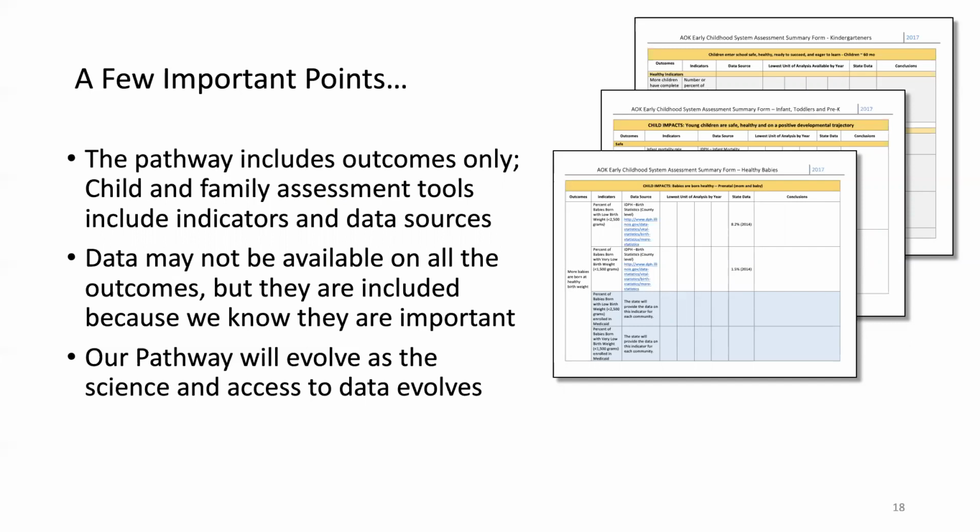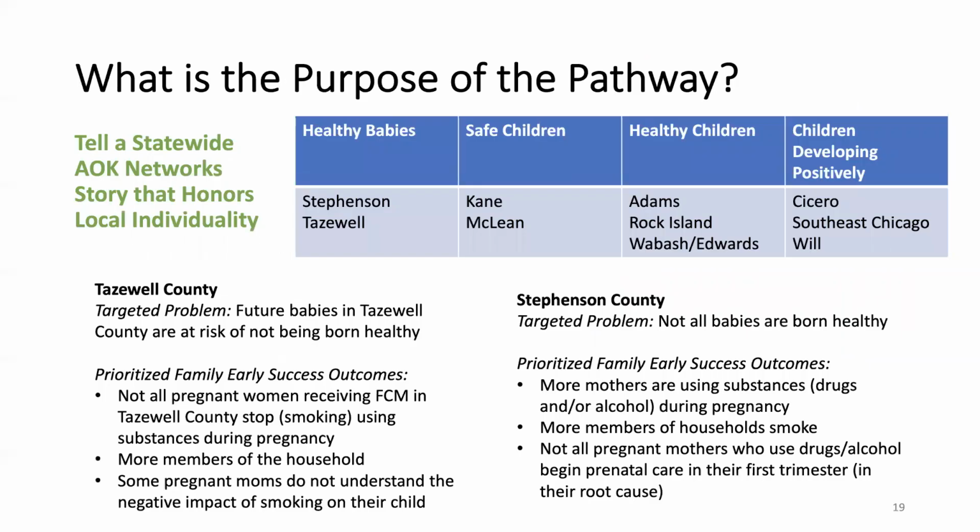I just wanted to share those quick points. The developmental pathway sets the whole framework for our child and family outcome assessment and all the tools that will come in that phase.